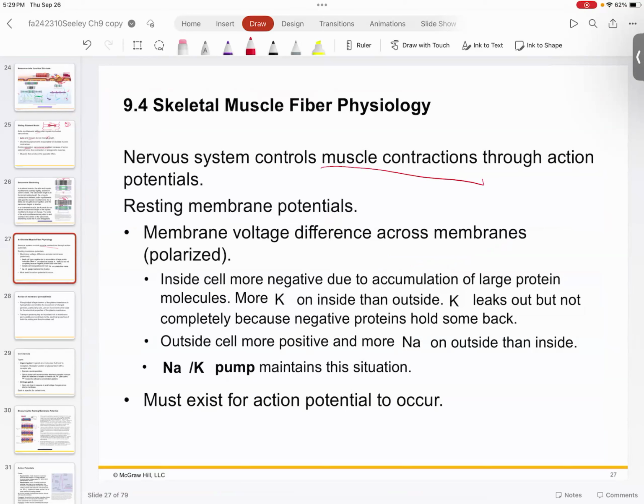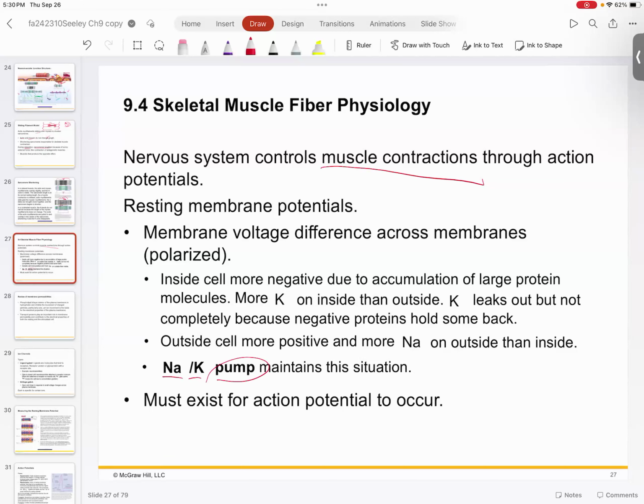Now, here's the one thing to understand: when you take a look at a cell membrane, what you see in a typical neuron in particular, and of course the muscle, is essentially a gradient of sodium and potassium that's created by the sodium-potassium pump.